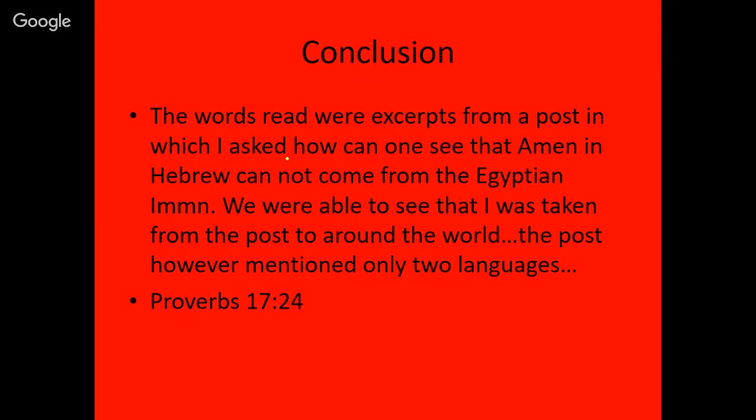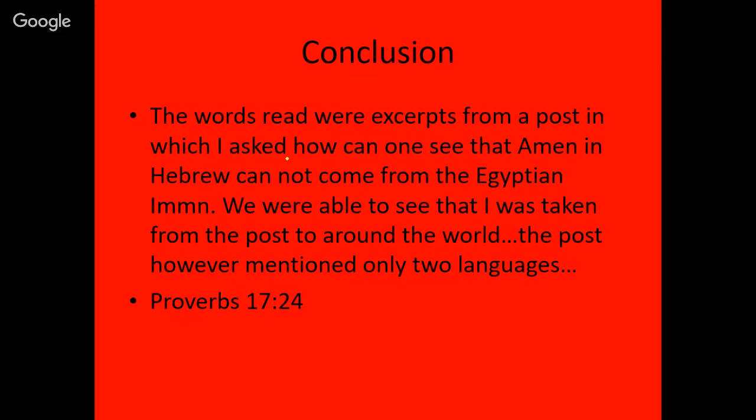So this is why this person had to talk about the Greek and this one and other African languages, and it all retains some kind of amen in it. You had to go through all of those different kind of things because your eyes are at the end of the earth, because the post was only about Egyptian and Hebrew.